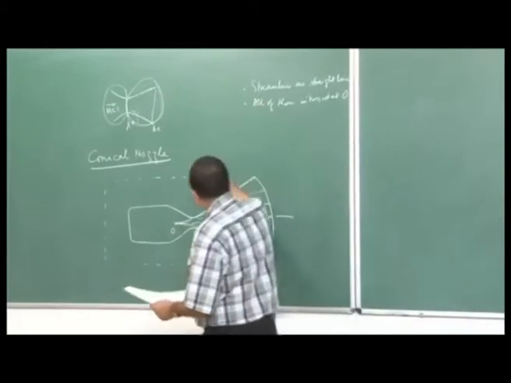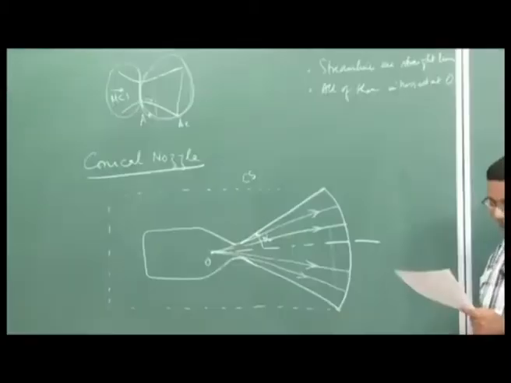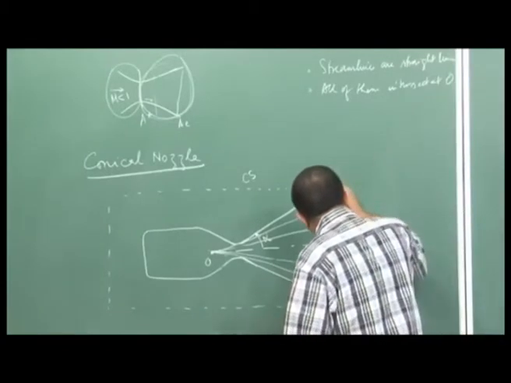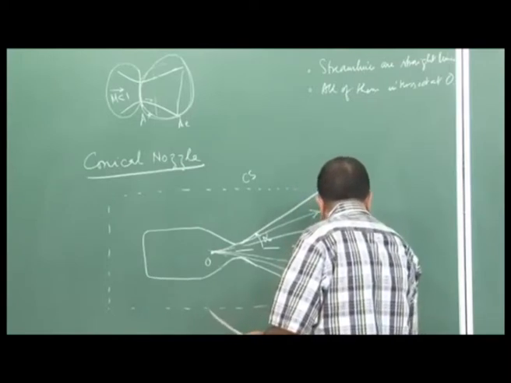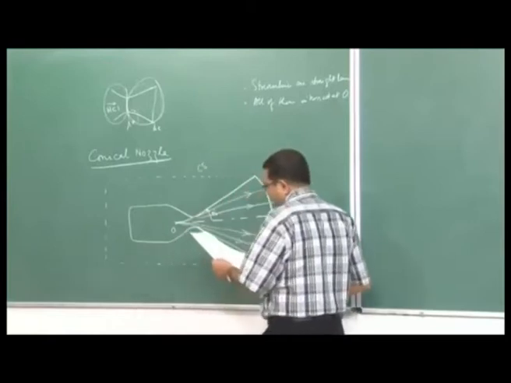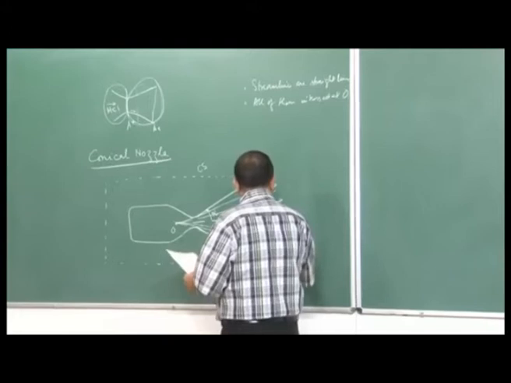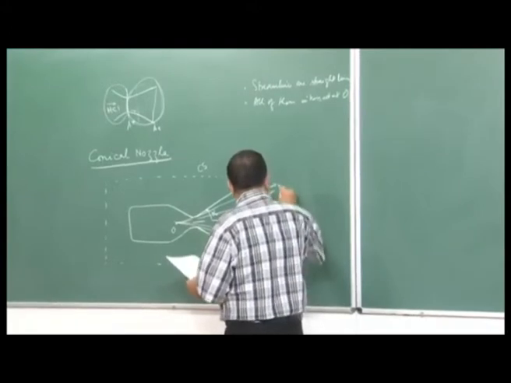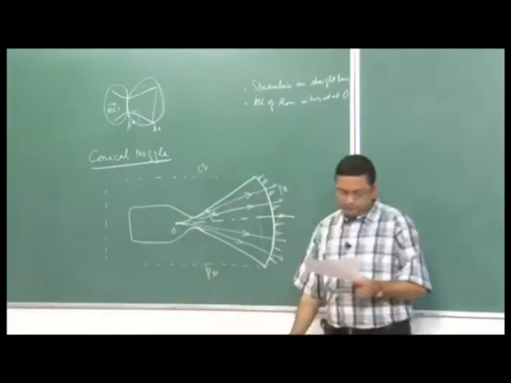Let us consider that this is our control surface as I have shown here, and the control surface passes through this spherical segment here. So, the flow is coming out like this, and the pressure here is my exit pressure P e, everywhere else the ambient pressure P a is acting.